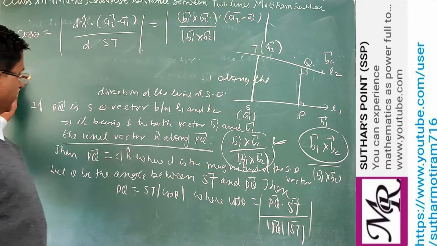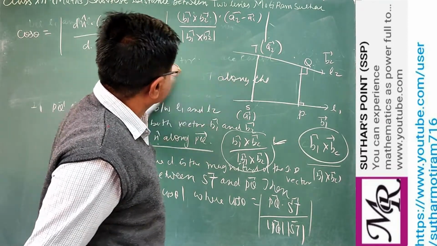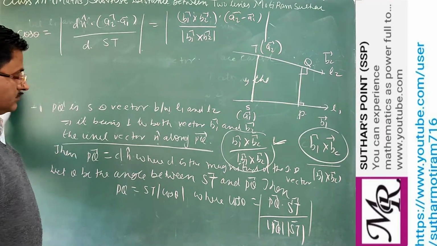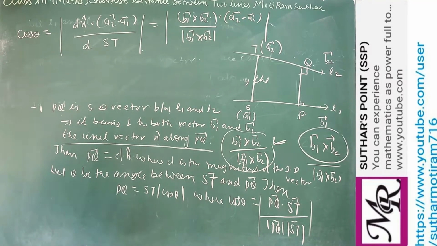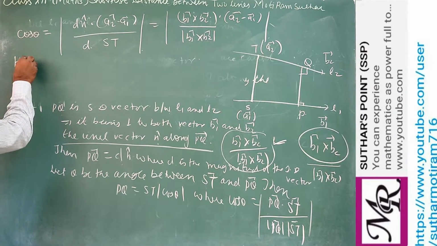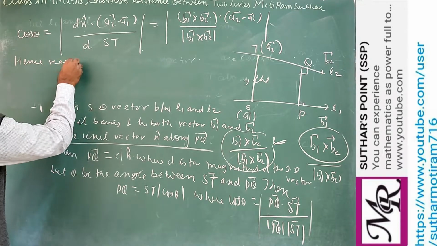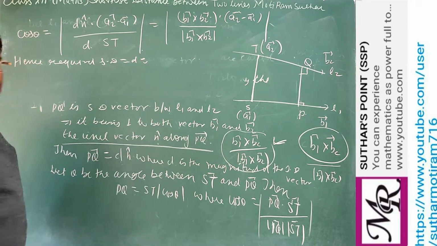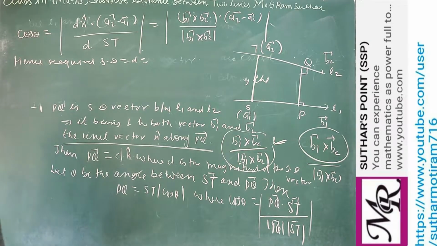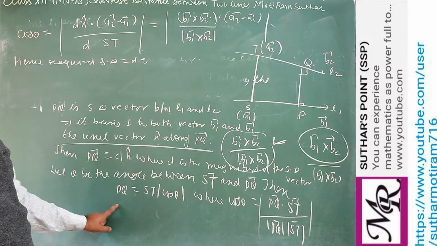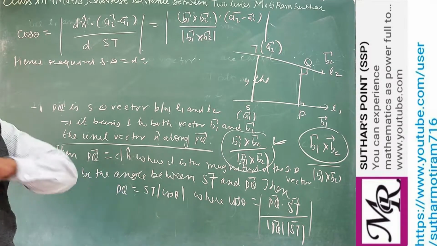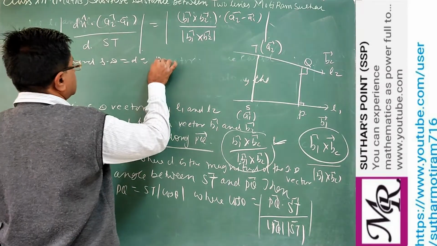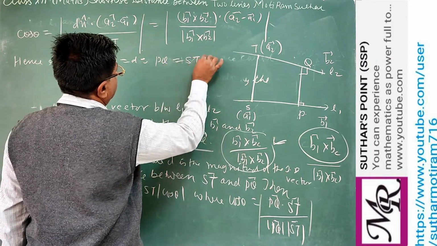Then we get the required distance that we need, D. So you may write, hence, the required shortest distance we are marking as D. Clear? And we already gave the formula: D means PQ or length of PQ, that is ST cos theta.